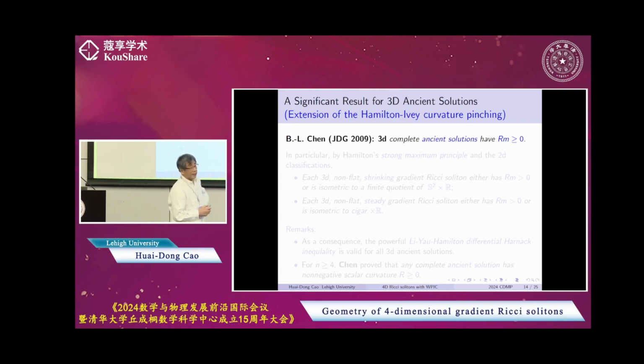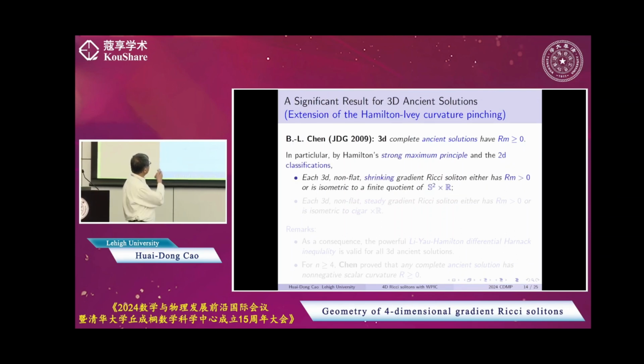Of course, that's the same as non-negative curvature operator. So in particular, by combining with Hamilton's strong maximum principle and the 2D classification, you have either the 3-manifold has to be strictly positively curved, or you have a product in those cases. And that also played a crucial role in our result I mentioned before, to remove Perelman's conditions.